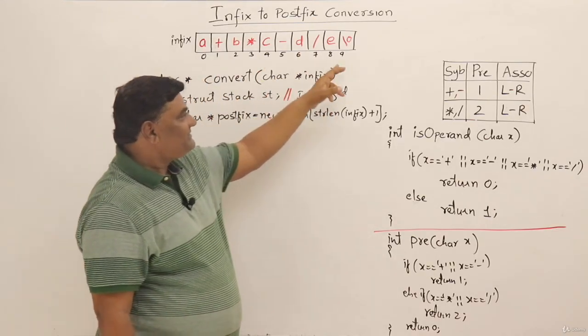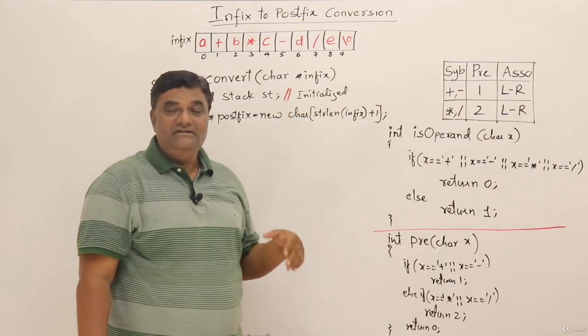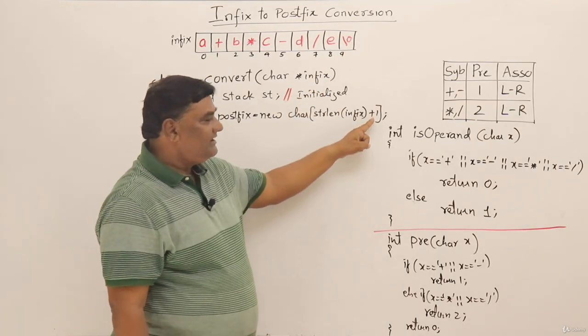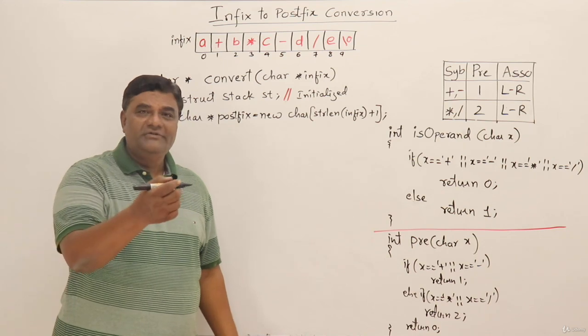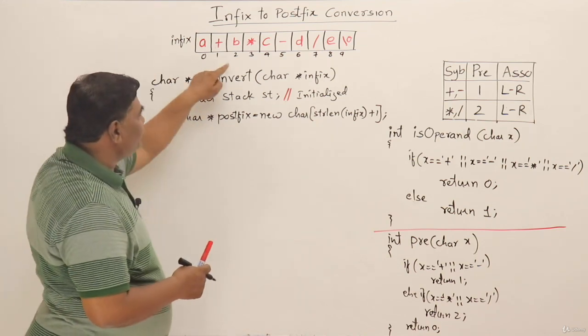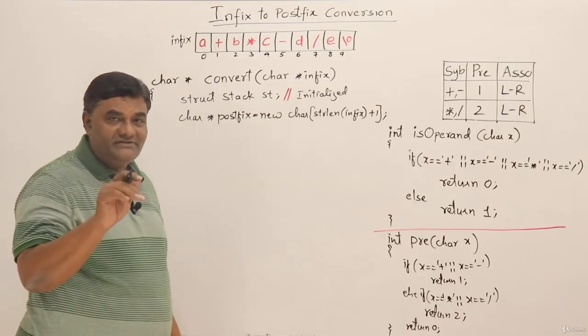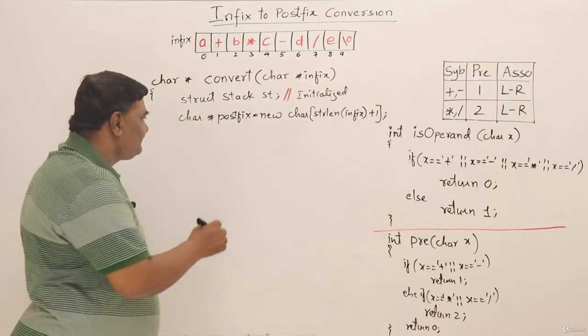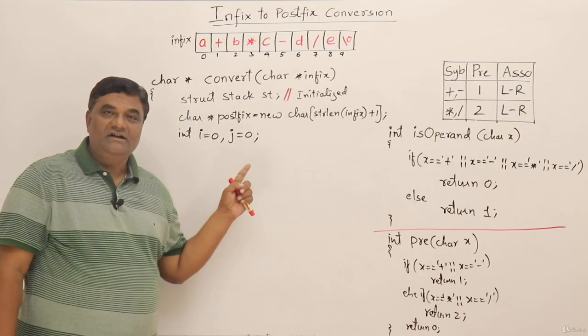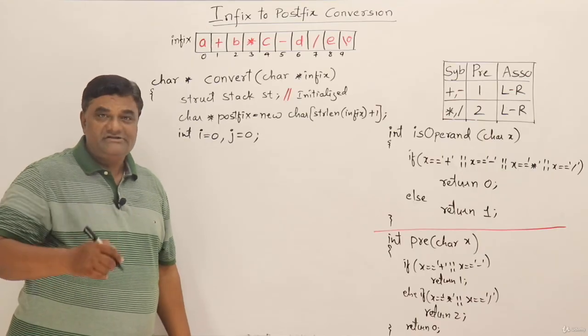And as this is a string, we need one more space for the null character \0, so that's why +1. Then I need few variables for scanning through this infix expression and scanning through this postfix expression. So I need two integer variables that are i and j. So I have taken i and j, both are initialized to 0. Now the procedure.